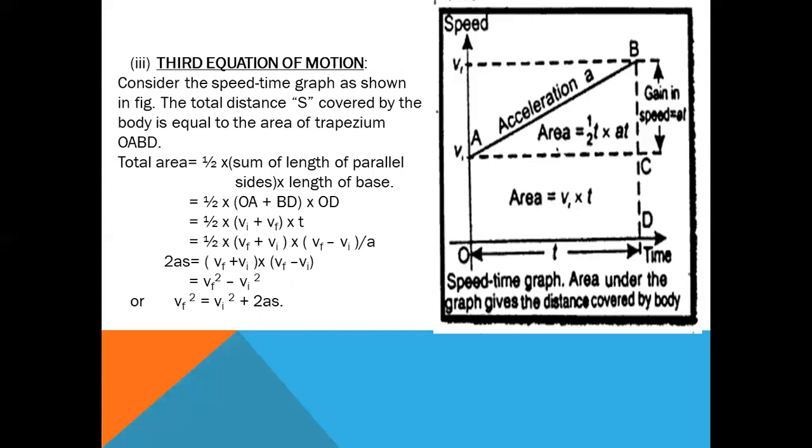Now, last or third equation of motion. In this equation, you can see graph remains same. So consider the speed time graph as shown in the figure.